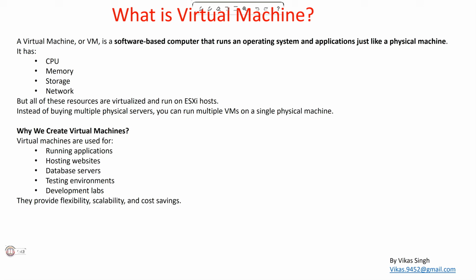So instead of buying multiple physical servers, you can run multiple virtual machines on a single physical server. That is the core concept behind virtualization. But it always takes resources from your physical machine, so how many machines and what configurations you can run inside the virtual machine totally depends on the physical server configuration.